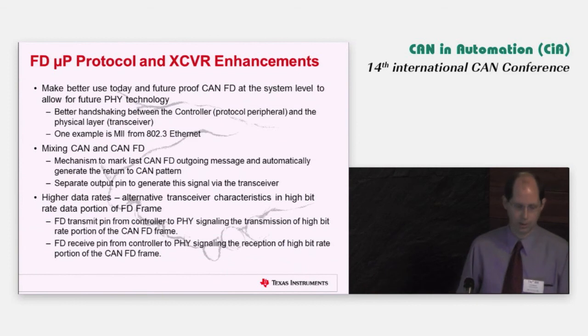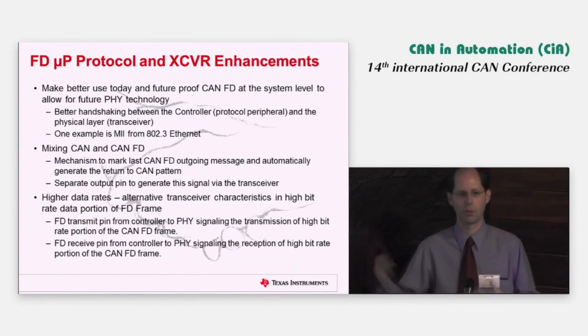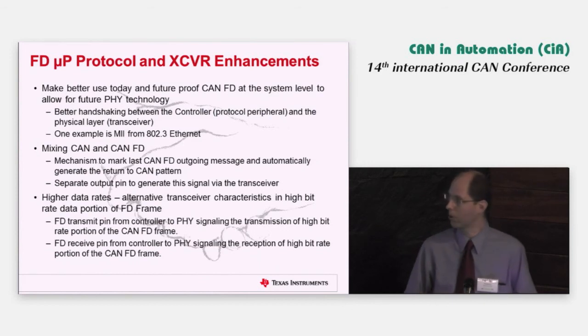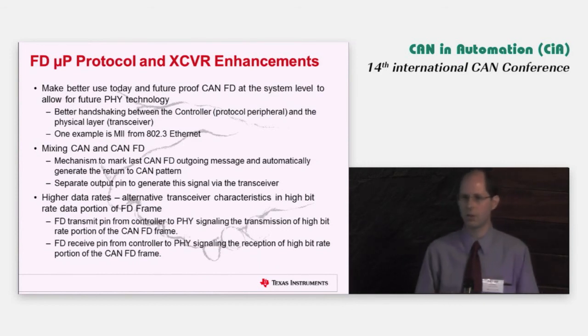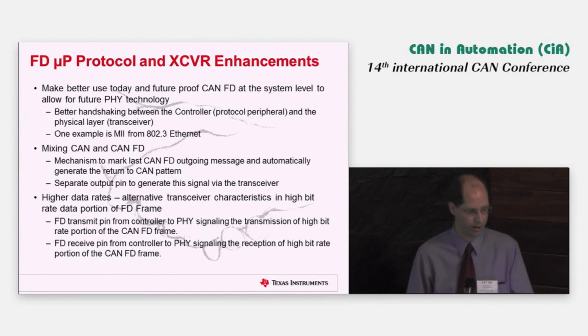A couple of the things we see: today this proposal would require the return to CAN signal or any other signaling to be generated at the application level, which then tells the transceiver to do various things. If it comes out of the protocol hardware of the MAC, there's a more direct change between the two modes and less latency when switching the bus between messages.